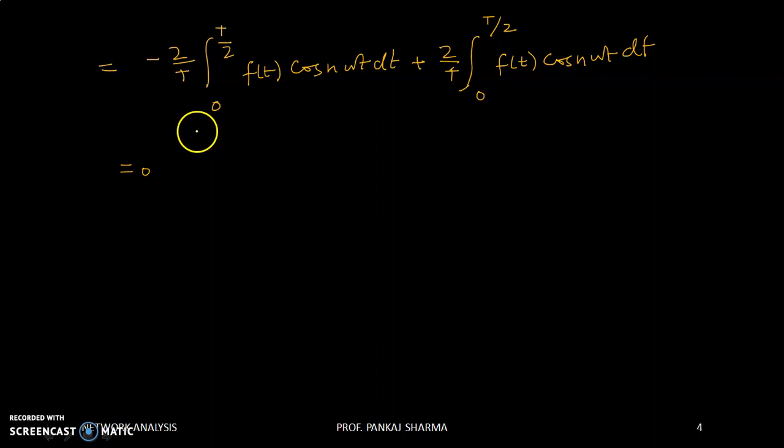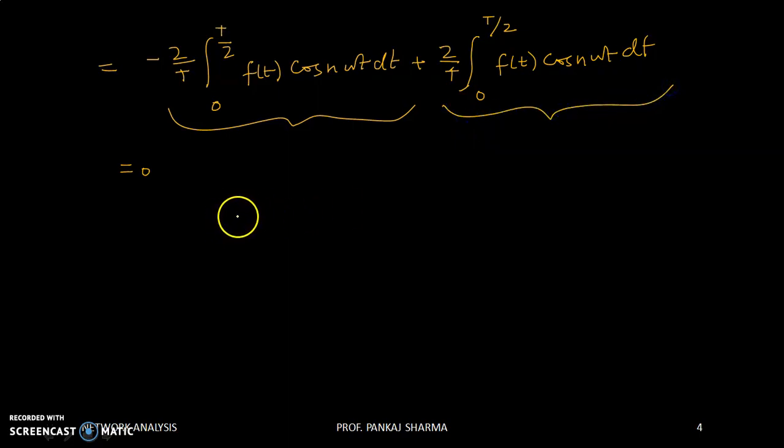Why? Because this portion and this portion are equal and opposite. Call it equation number 1.